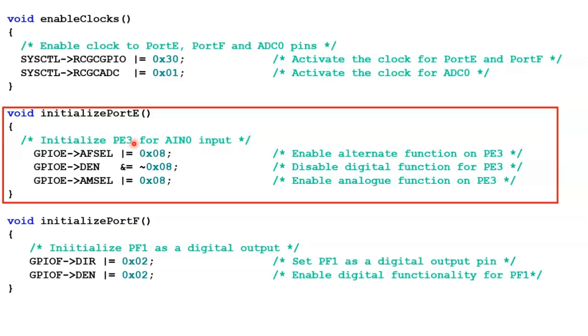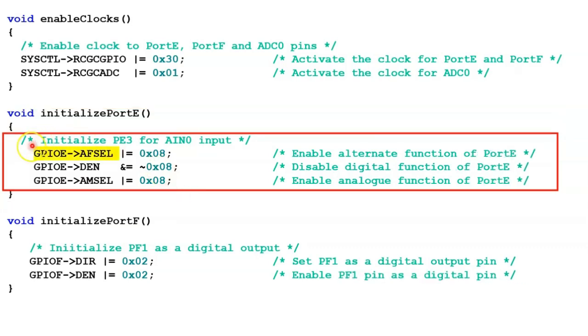Remember, by default, the GPIO pins are configured for digital functionality, that means input-output. So this function ensures the pin is correctly set up for analog operation.